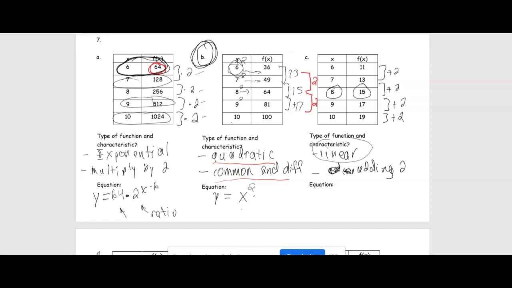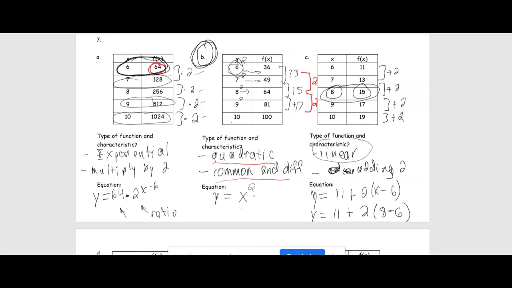Nora, you think you got it? What do you think, Nora? Y equals 11 plus 2 times (x minus 6). Okay, so now let's test Nora's. So let me use this same point here, this 8 comma 15. So if we now let x equal 8, this better spit out a 15.